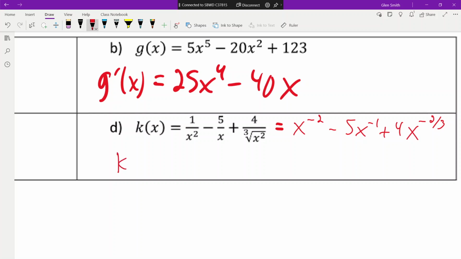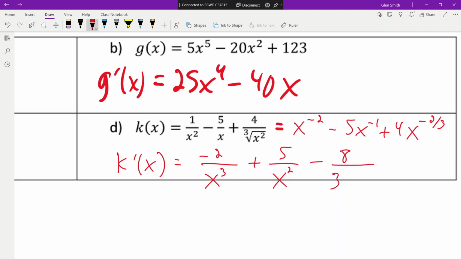So k prime of x is negative 2x to the negative third, just goes down the bottom like that. No negative exponents. Plus 5x to the negative 2, just puts an x squared down the bottom. Minus 8/3. 4 times 2/3 is 8/3. x to the negative 5/3, so that puts it down here.